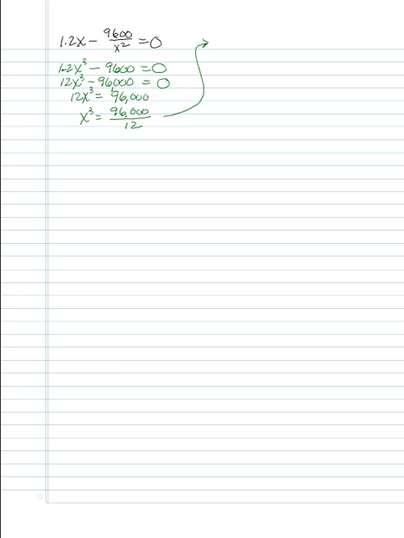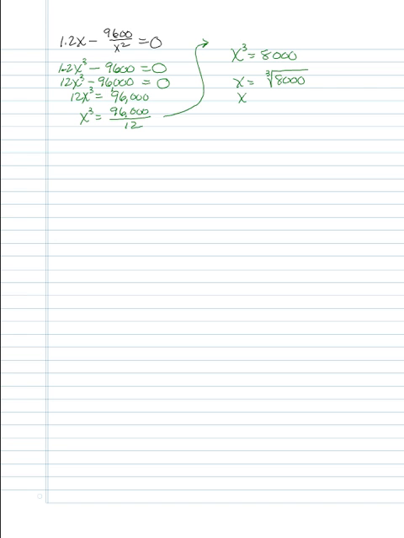Let's see, 12 goes into 96 how many times? 8 times. And so I actually get x cubed is equal to 8,000. And so that means x itself. Now here we don't have plus or minus because we're talking about a cube root. A cube root is not going to give us a positive and negative. It's just going to give either a positive or a negative.